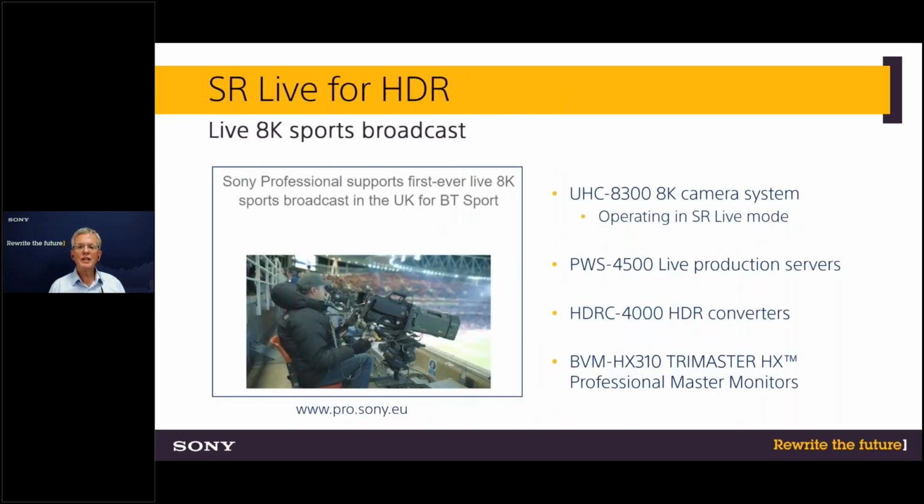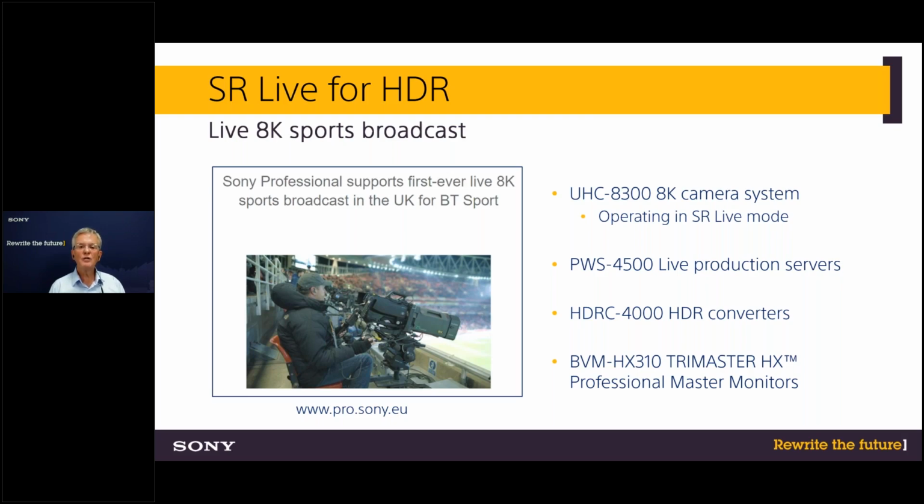And as we reach the final slides of this webinar, this is an example of SR Live working in a system using a higher resolution than 4K. This is a case where a Sony 8K camera operating in SR Live mode was used to support the first ever live 8K sports broadcast in the UK by BT Sport.